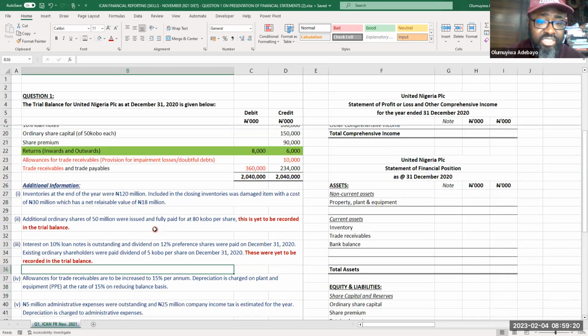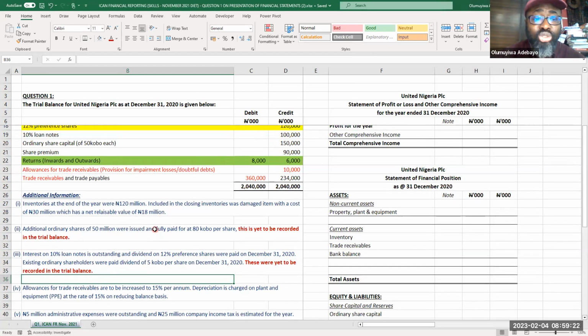Now, if you find yourself in this situation that there is no basis of identifying whether directly or indirectly, you then need to make an assumption. I'm going to make an assumption here that this is liability. And I'm still going to make another solution here, where I will assume that this is equity. And let us see what the implications are if it is liability and if it's equity. But let me tell you something.